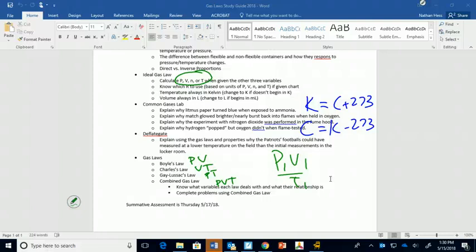Right, now they put it over here, P2, V2 over T2. That's our combined gas law. And of course, ideal is PV equals nRT. That's what it always looks like whenever I see it. I don't say it, but that's what it looks like in my mind.